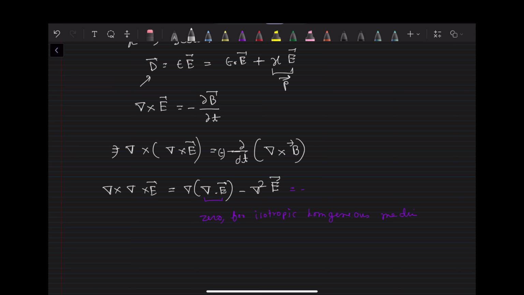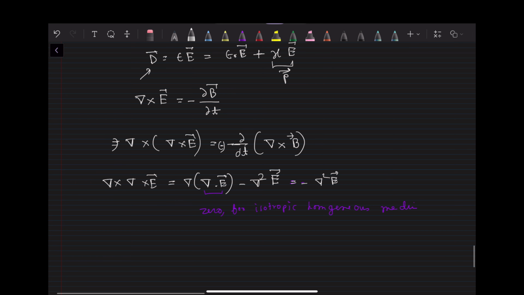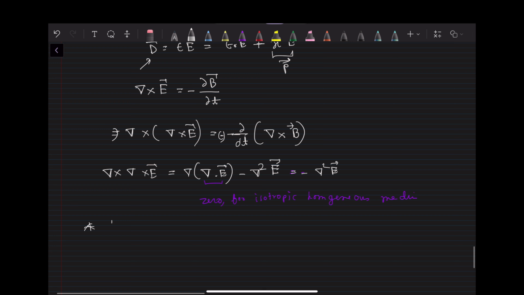Then we are left with, on the right hand side, again one more assumption: we are considering only monochromatic light.